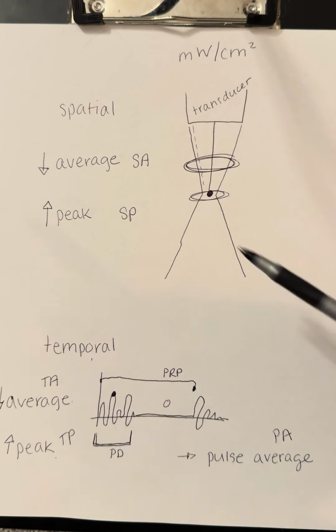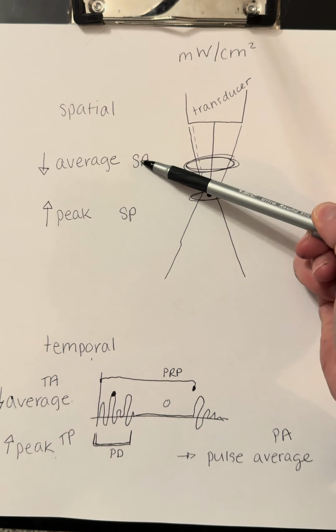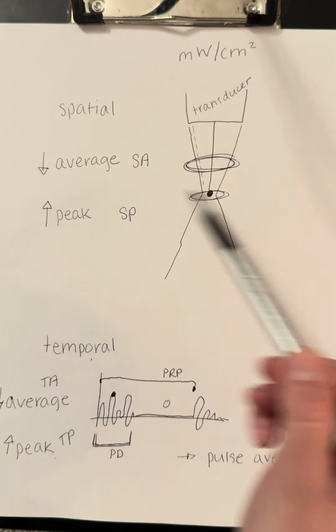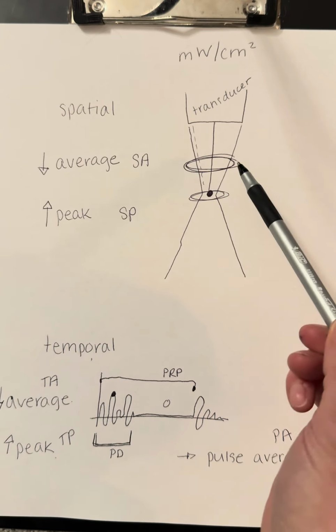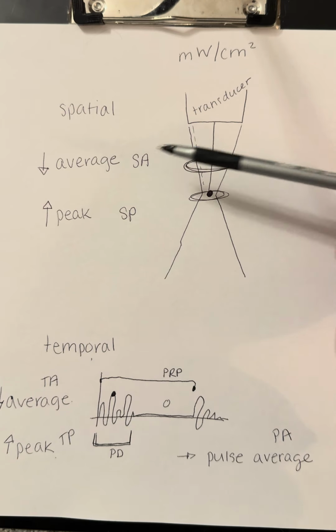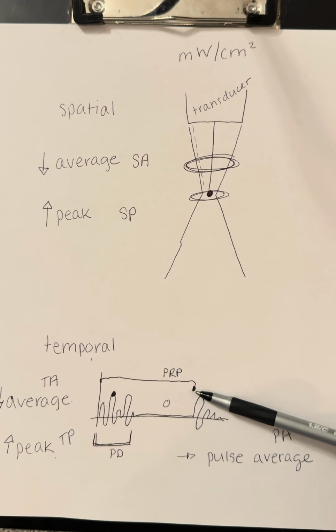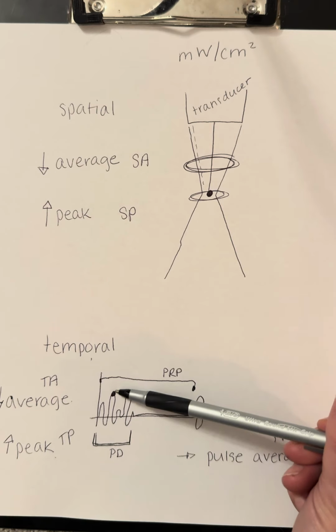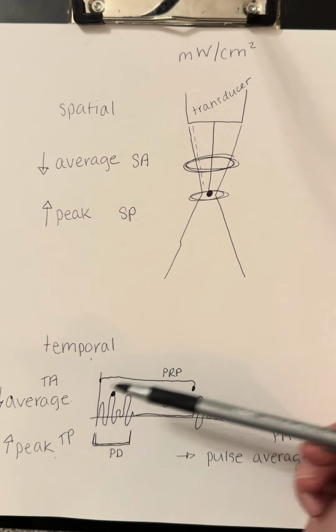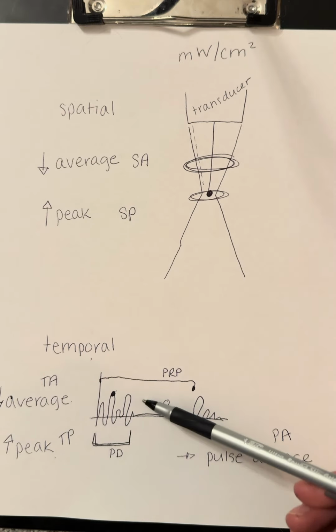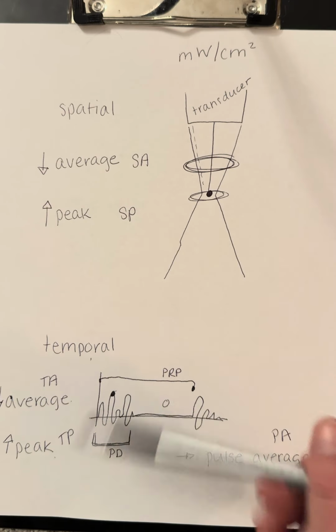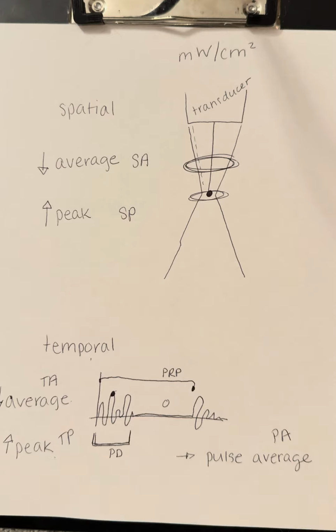We can measure the spatial average, the average of the entire space of the beam, during the entirety of our temporal pulse here. Or we can measure this only at the same time as the temporal peak. Or we can measure this during the entirety of the pulse average. And same with spatial peak.